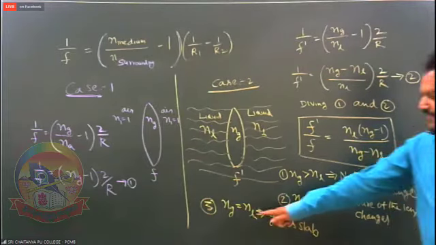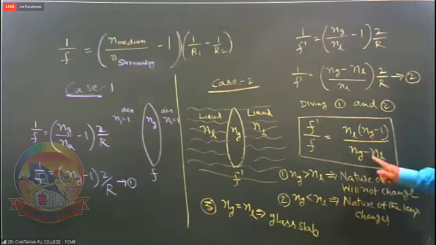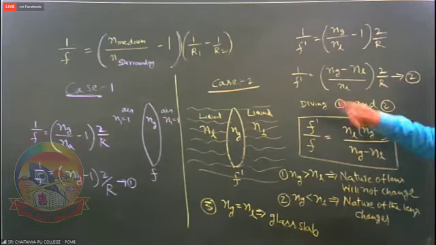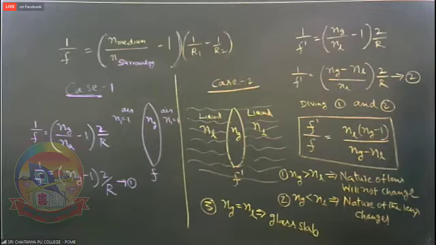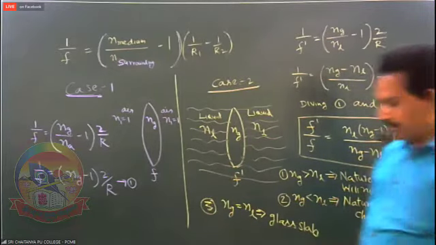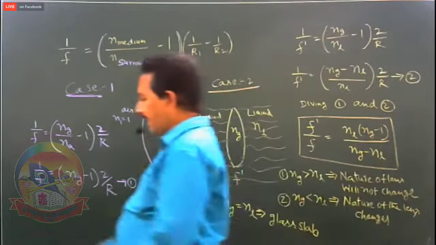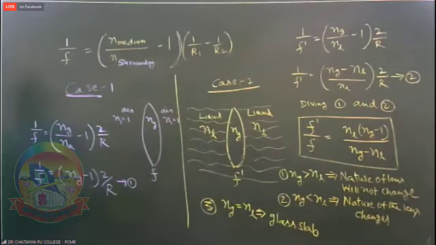If Ng is equal to NL, this becomes 0. Therefore, the entire system will behave as a glass slab. So this is about the focal length of a given lens when it is immersed in a liquid.